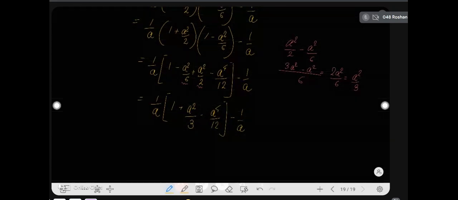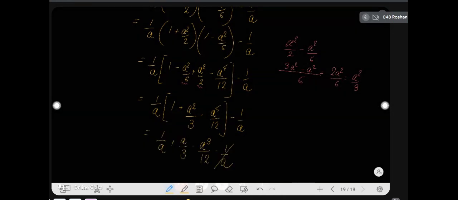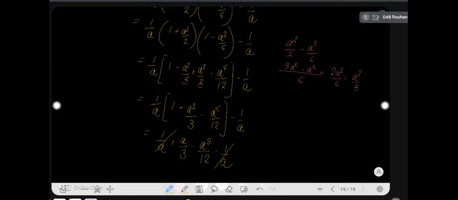What we get is 1 by a plus a by 3 minus a cube divided by 12 minus 1 by 3. 1 by a, 1 by a cancel. Use the limiting condition of a tending to 0. You understand that a is tending to 0. So suppose a is equal to 0.01, that means 1 is to 10 to the power 2.